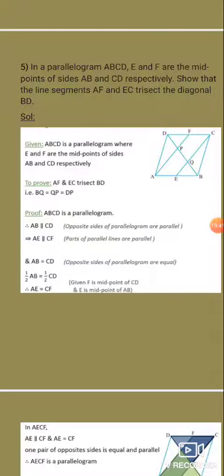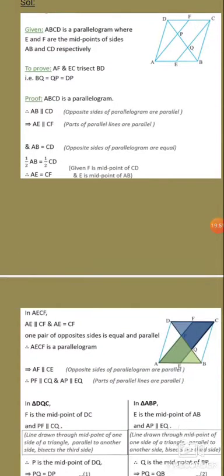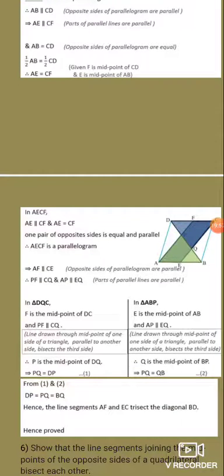Therefore AE is equal to CF. Given what? F is the midpoint of CD and E is the midpoint of AB. Okay. Now in AECF, AE is parallel to CF and AE is equal to CF. One pair of opposite sides is equal and parallel, so AECF is a parallelogram.